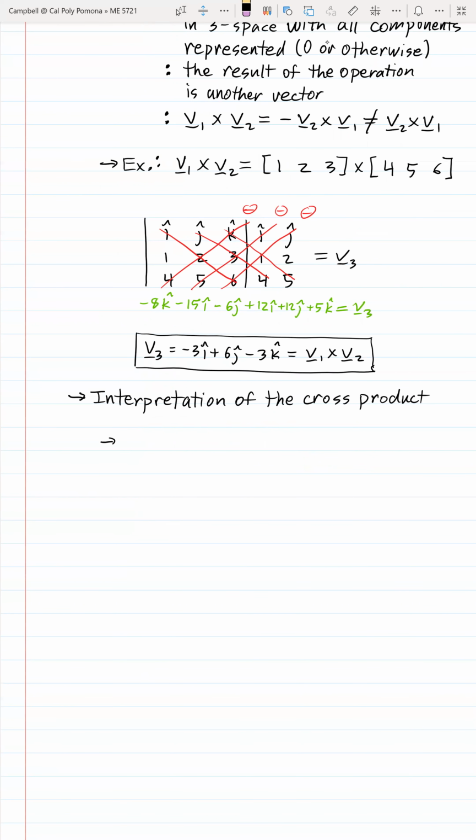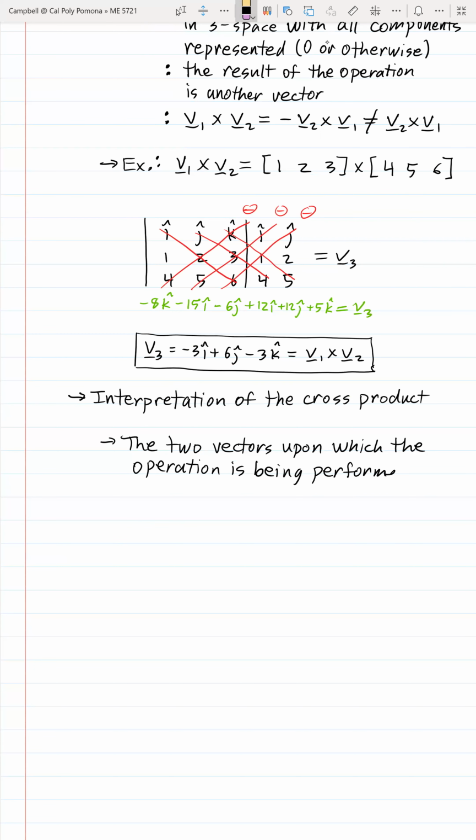So just as we saw with the dot product, the two vectors upon which the operation is being performed will again create a plane.